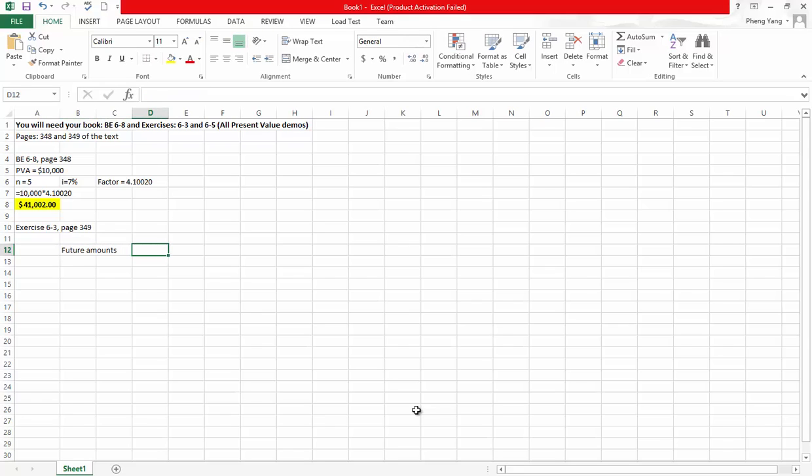They gave us future amounts, interest rate, and the number of periods. They gave us 4 different scenarios: 20,000, 14,000, 25,000, and 40,000.